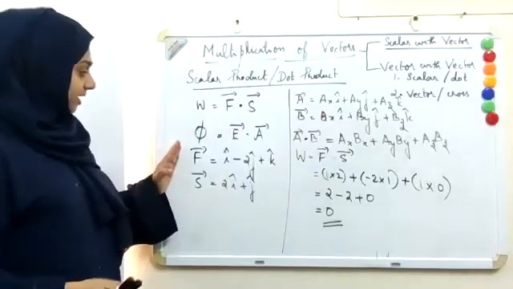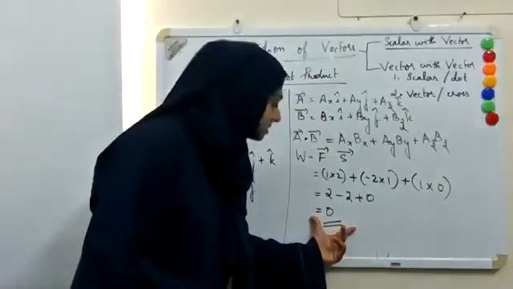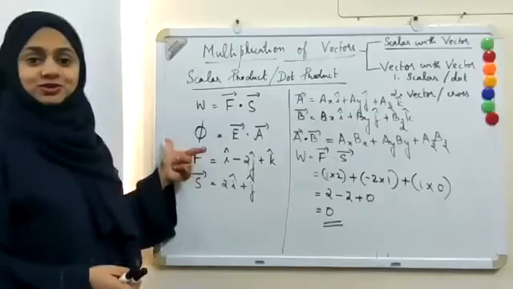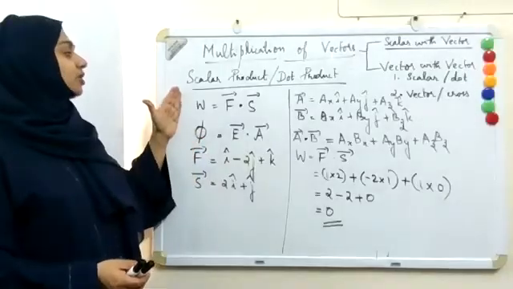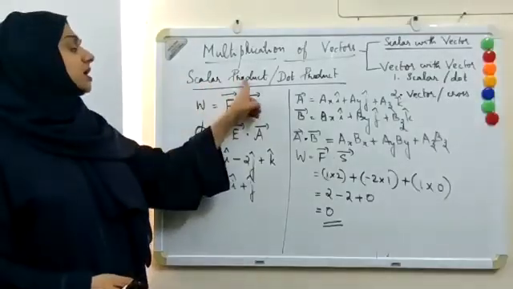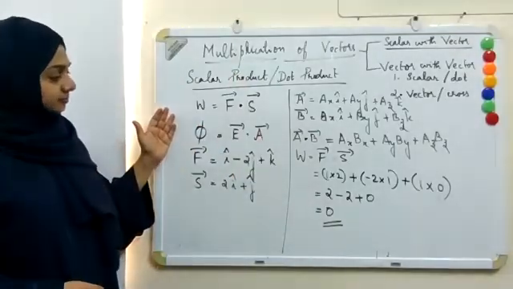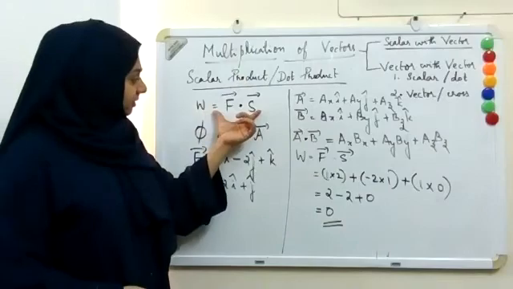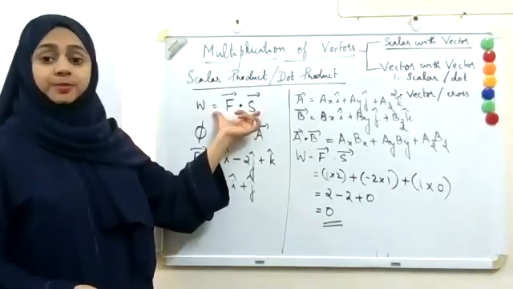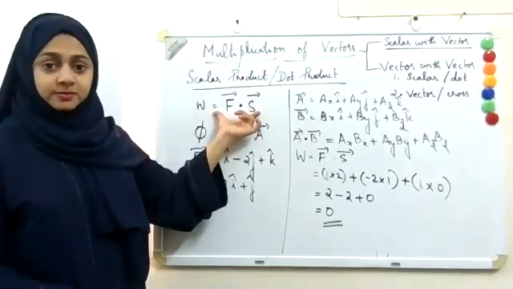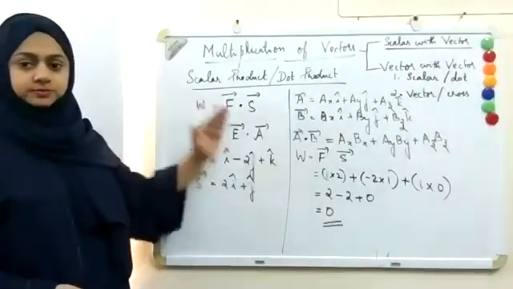It turned out that the result is 0, so that we could discuss that and make it clearer. So whenever the scalar product is 0, you can say that the two vectors are perpendicular to each other. Is it clear to you?